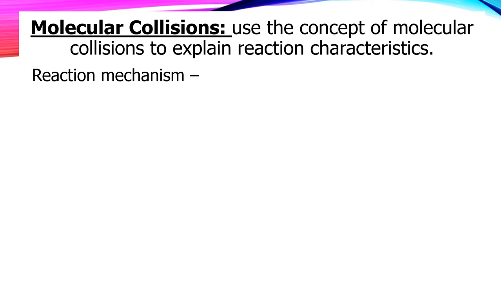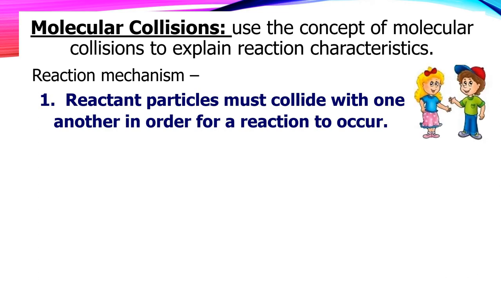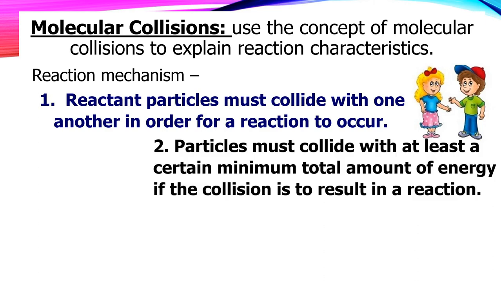If I don't have enough energy or if I'm not oriented in the right direction, the reaction is not going to take place. So particles must collide with another in order to form a reaction. I can't just have a chemical over here and say they're going to react. They've got to come into contact with each other. So they've got to meet.